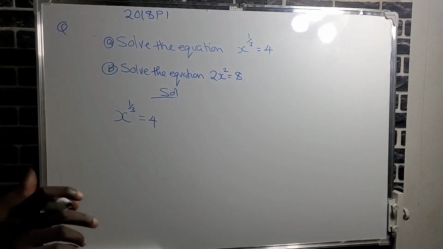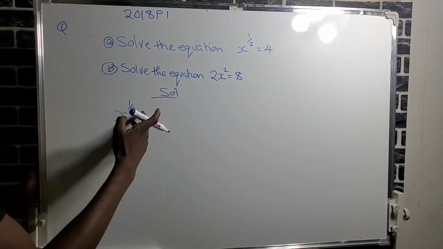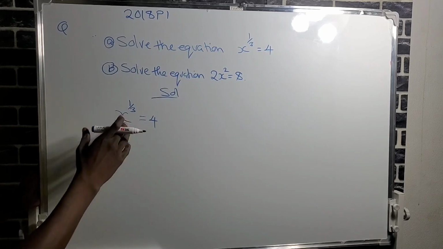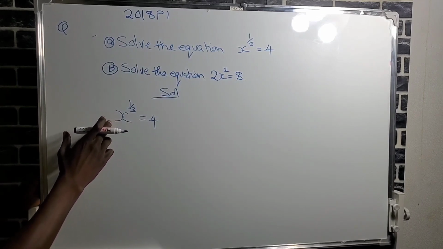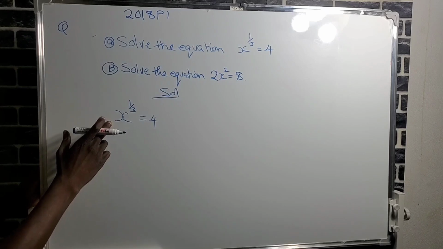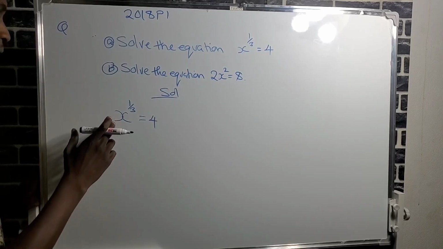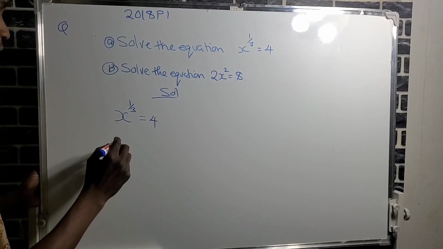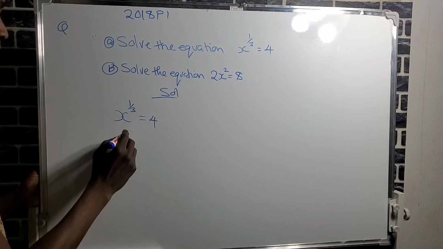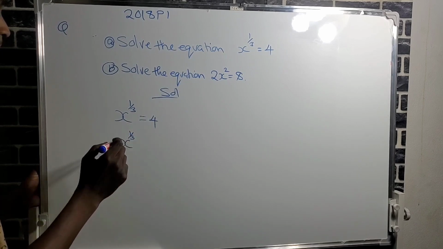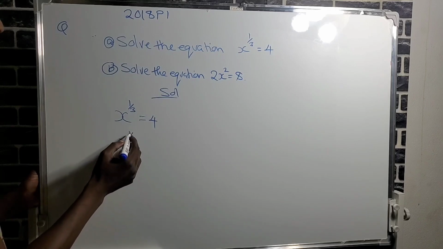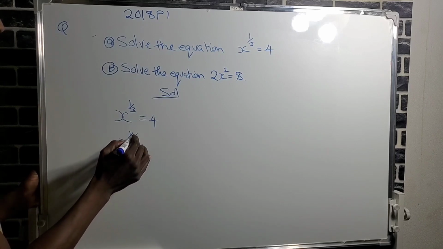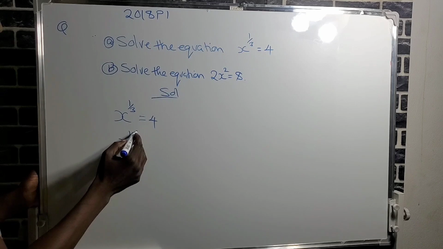So what you do, these equations are just similar. So what you do is you make sure that the coefficient of x here is 1. Okay? Now when the coefficient is 1, you simply multiply 1 over 3 by its reciprocal, which is 3 over 1.